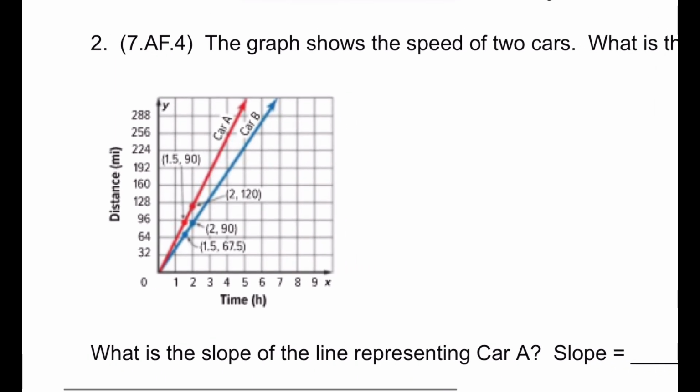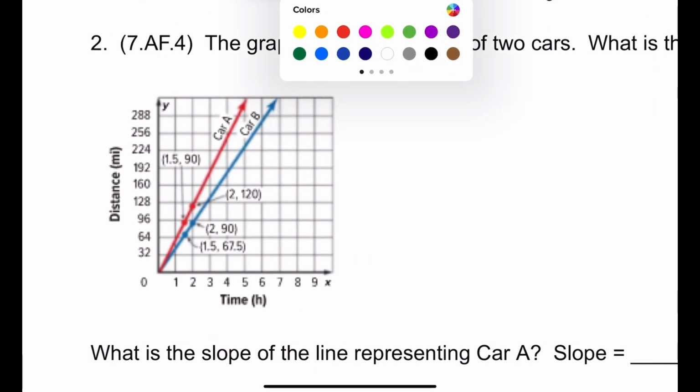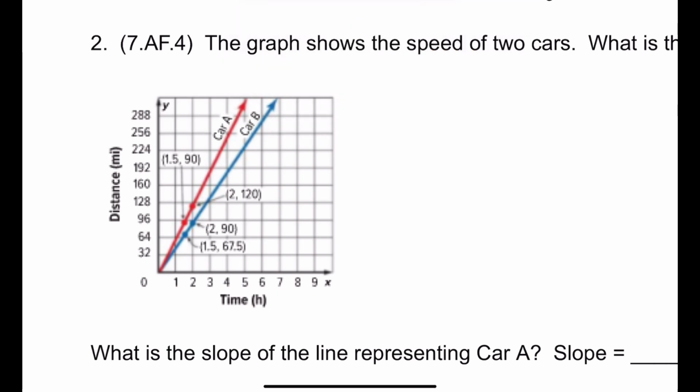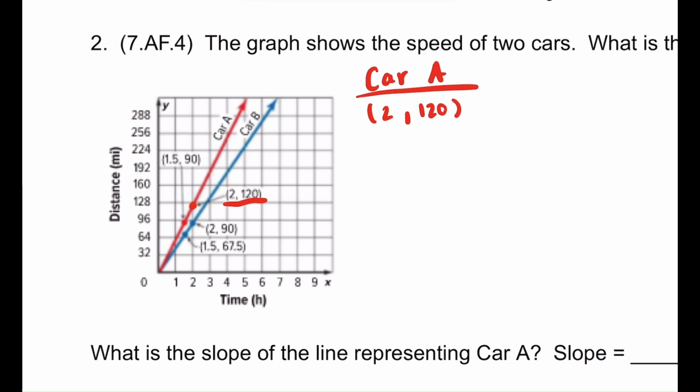I'm going to do car A in red, just to make sure that we account for car A. I'm going to get 2 ordered pairs. There's 1 ordered pair right here, and it says that's 2 and 120. Another point that I have here is 1.5 and 90.